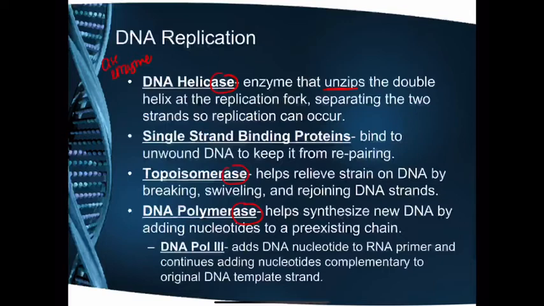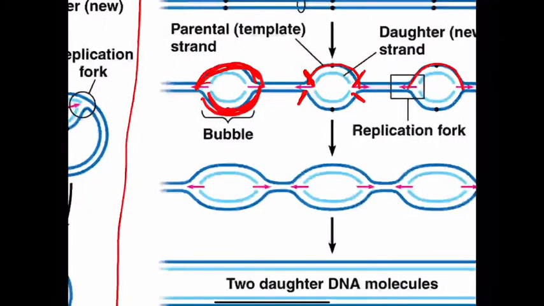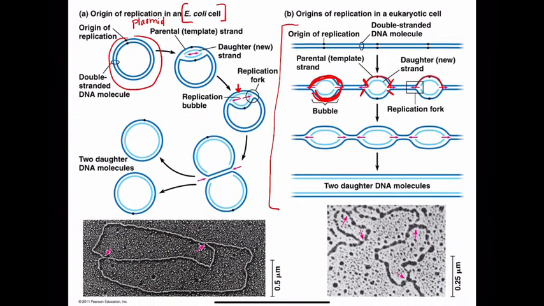Now, topoisomerase. If you're in class with me, I'll show you how this works, and if y'all remind me, I'll show you the other group tomorrow. But topoisomerase is an enzyme that basically goes in. Once you open this up, I want you to think about this as 2 strands.